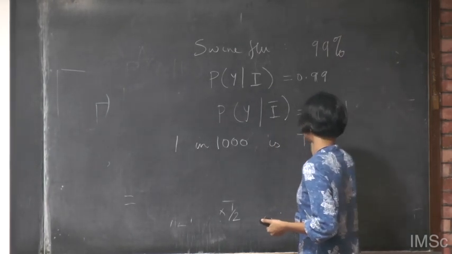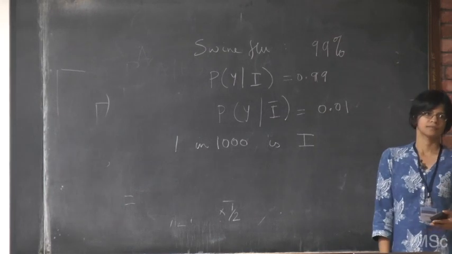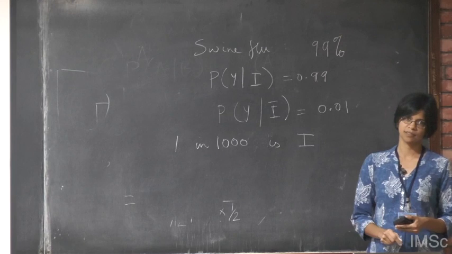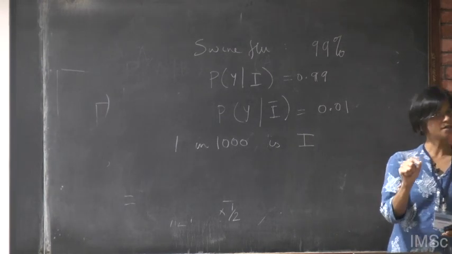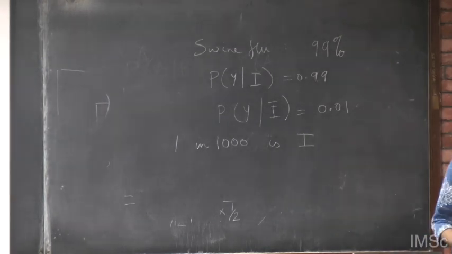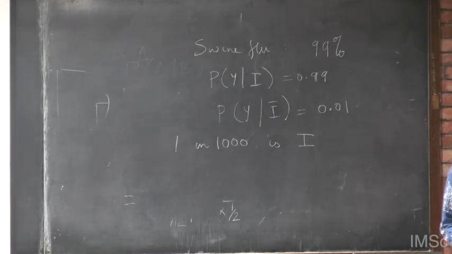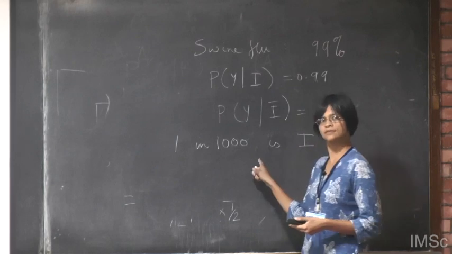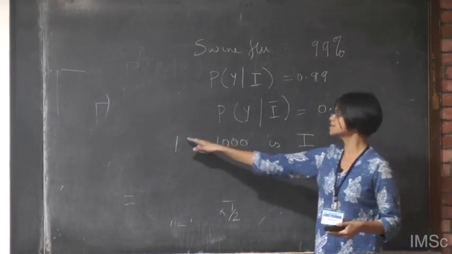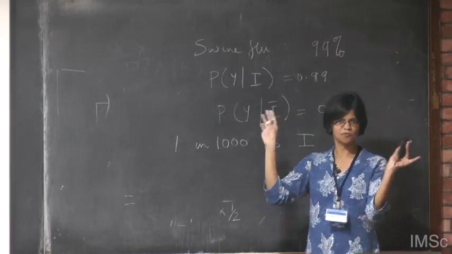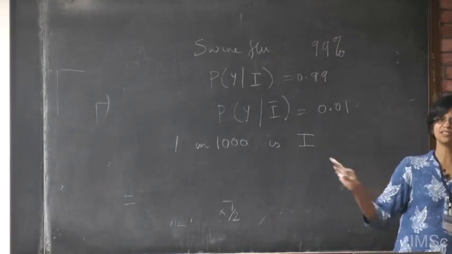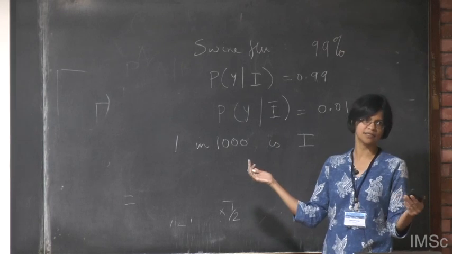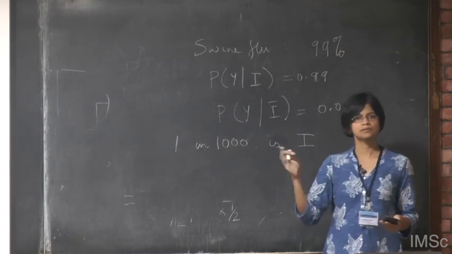So what do you think is correct? What is the probability that you really are infected, given that your swine flu test comes out as positive? Is it clear? You can translate 1 in 1,000 in terms of probability, right? The probability that you're infected without knowing anything is 1 by 1,000.